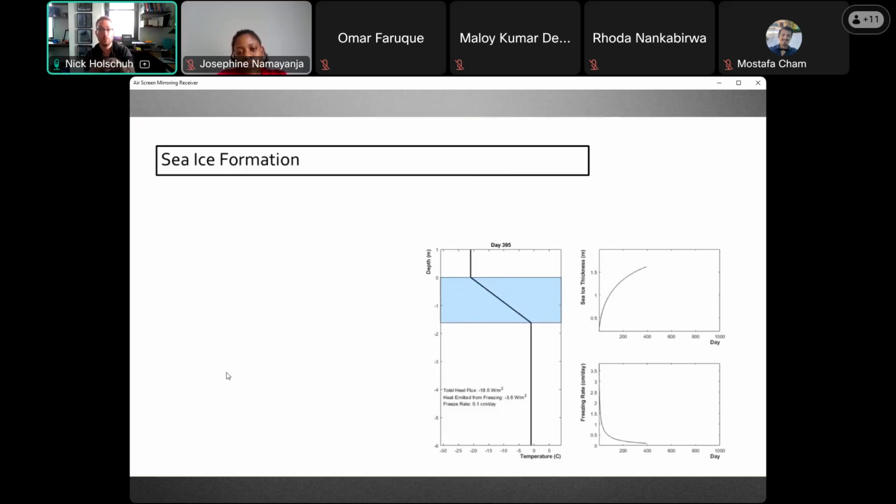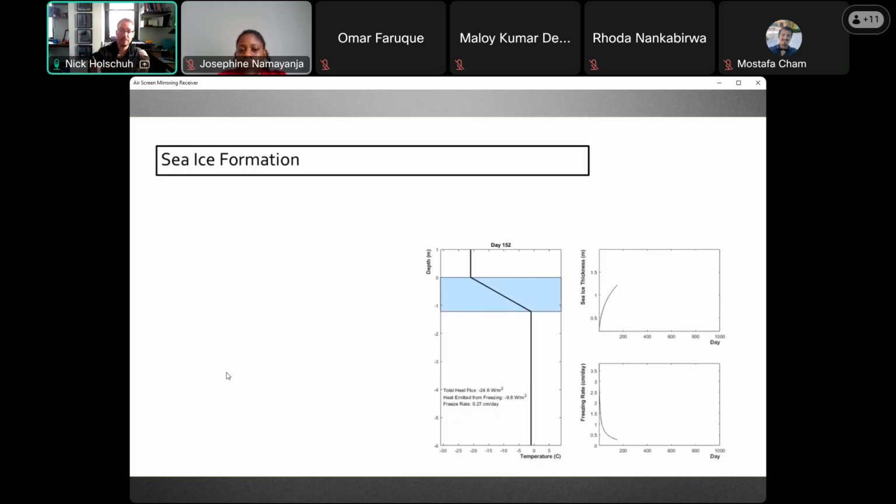In order for more sea ice to form, for ice to continue to grow at that boundary between ice and ocean, you actually have to conduct heat through the ice lid to the atmosphere where it can be lost. And because ice is not a very effective thermal conductor, as the ice gets thicker and thicker, it makes it harder and harder to get that energy out of the ocean for new sea ice to form.